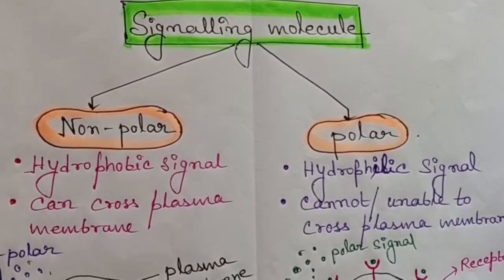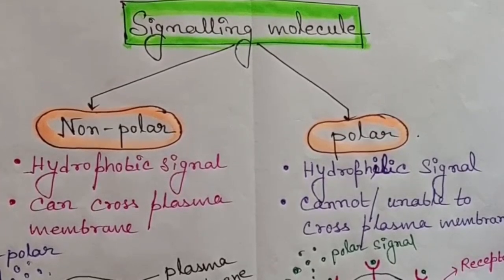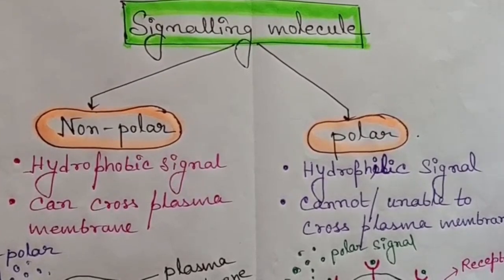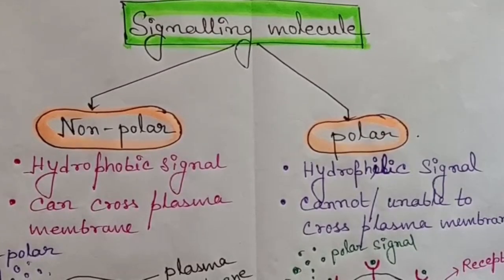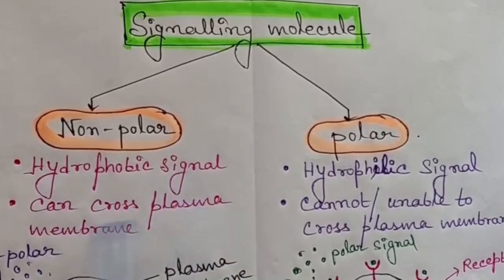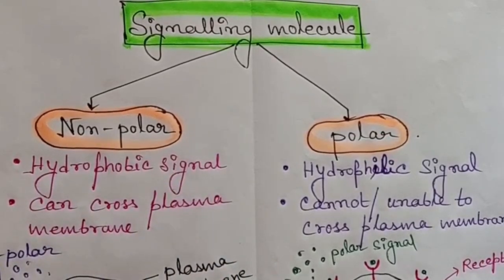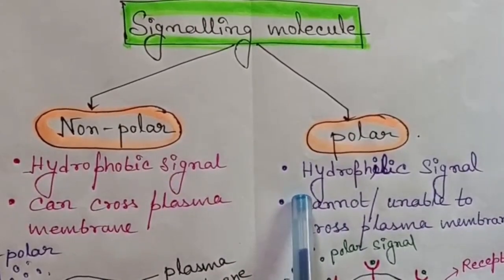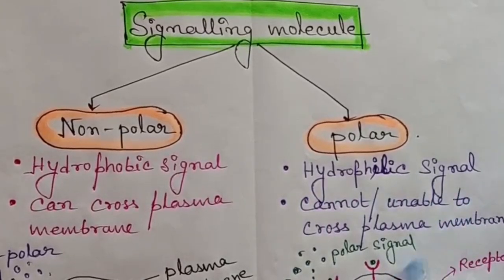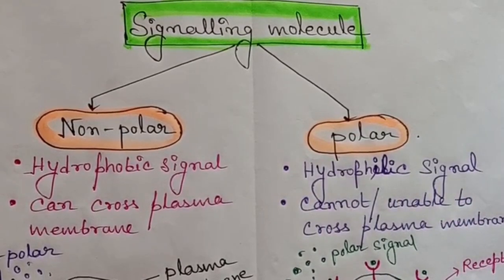These molecules are of two types: one is non-polar and another is polar. Non-polar signaling molecules carry a hydrophobic signal and can cross the plasma membrane, whereas polar molecules carry a hydrophilic signal and are unable to cross the plasma membrane.